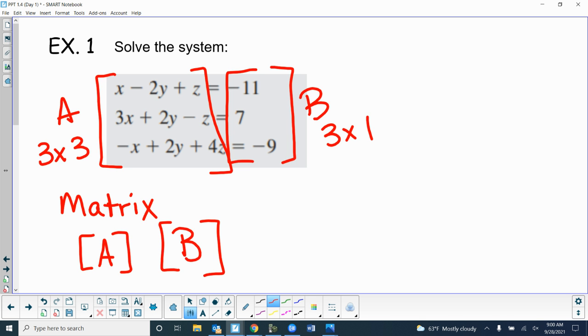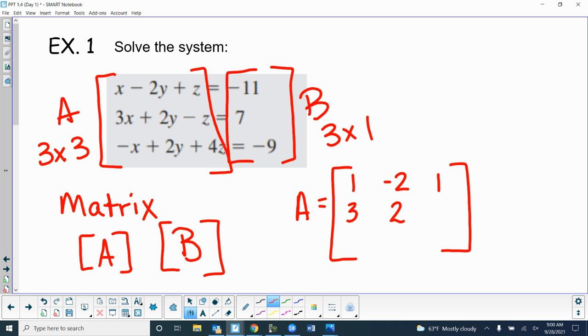So our A matrix, if I just put the numbers in, what are the 3 coefficients in the top row? What's the first coefficient for X? 1, thank you. What's the first coefficient for Y then? -2. What's the first coefficient of Z? 1. You guys all see that? What's the second row going to be? 3, 2, -1.